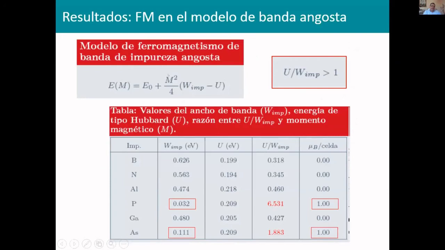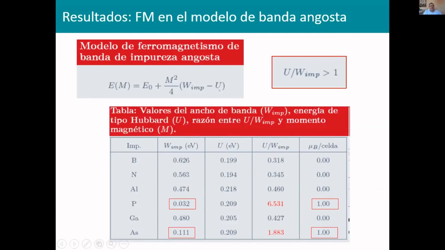It is a quadratic relation between the magnetic moment and the energy, and the two key parameters are the width of the impurity band and the electron repulsion, or Coulomb repulsion, of the electrons in the band. As we can see here, if this term is positive, the system is not magnetic.